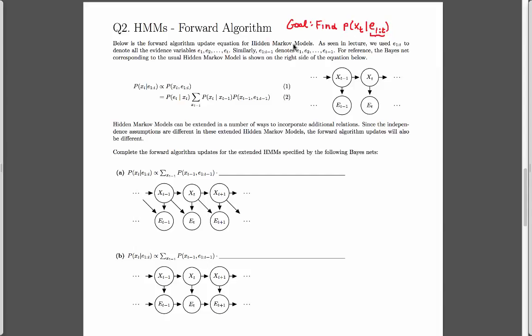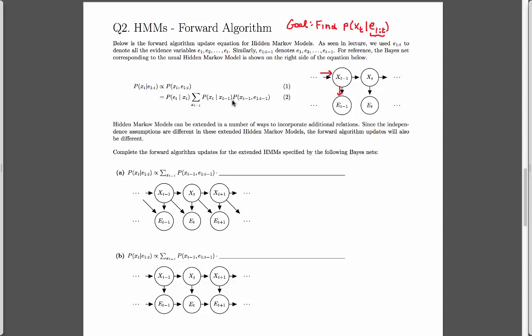And the way you can do this is iteratively, first starting at the first time step, computing the probability of X_1 given e_1, and then using that probability to update it with both your transition probability distribution, which is known from the Bayes net right here, and the emission model, which is given by this arrow right here.